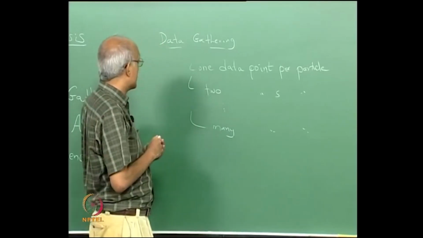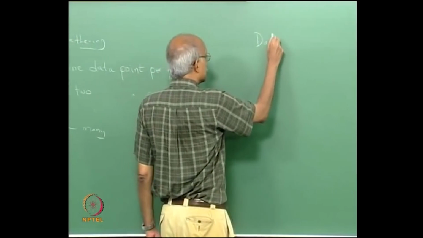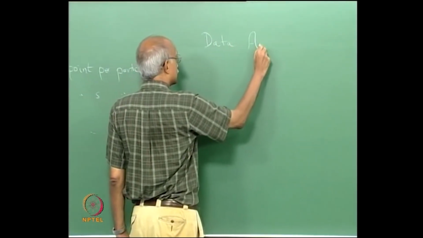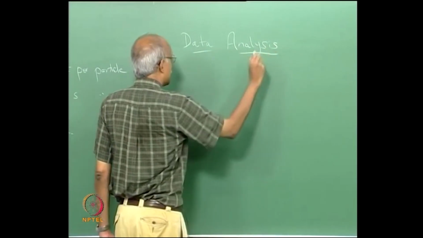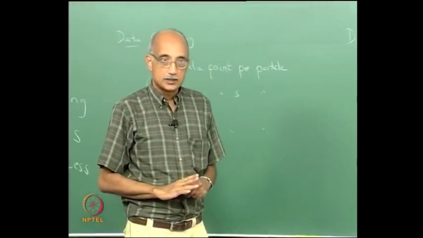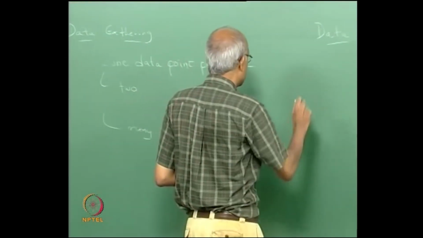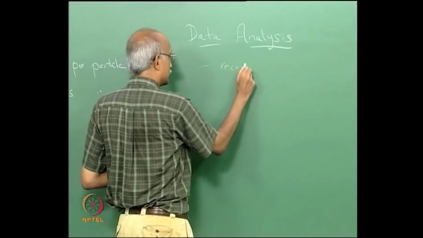Now, the second part of it, which is the data analysis part, again, there are many modes of data analysis. The first, the most common, is just recording the data.